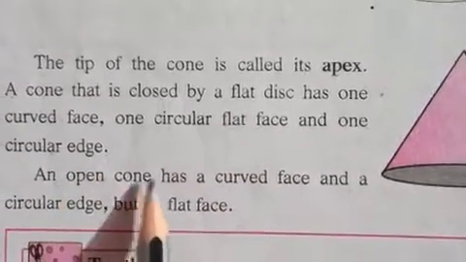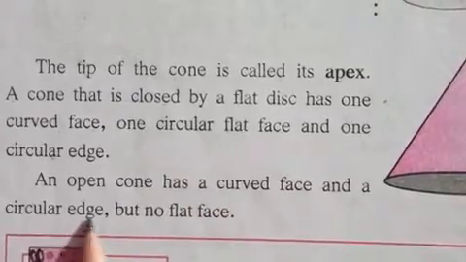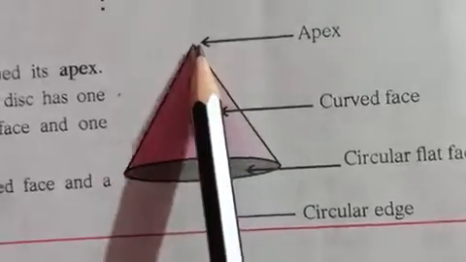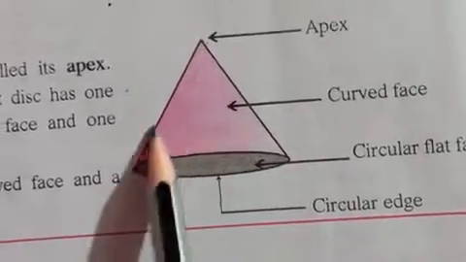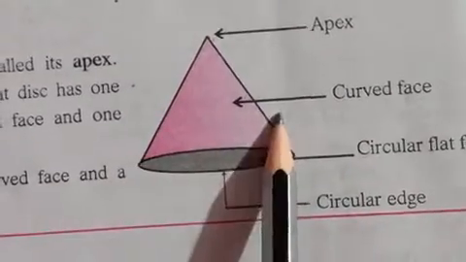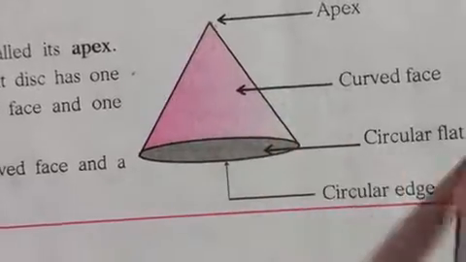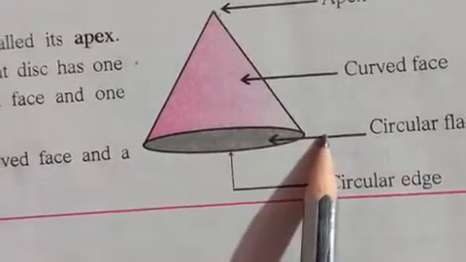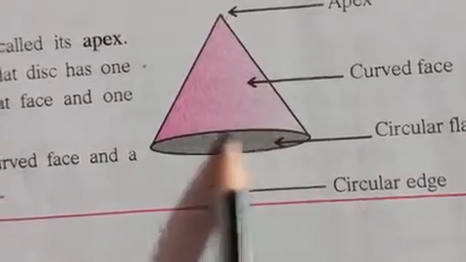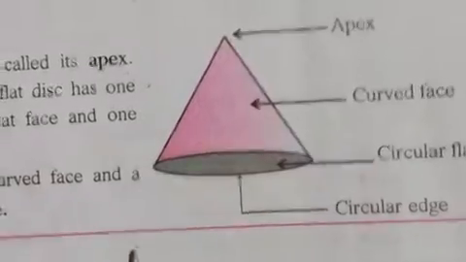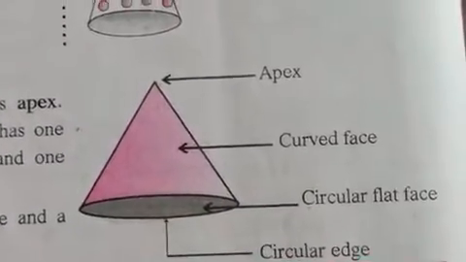An open cone has a curved face and a circular edge but no flat face. Now this cone has an apex. This is the curved face. This is the circular flat face, and this is the circular edge. Clear everybody about the cone?